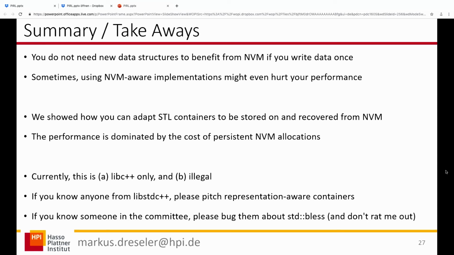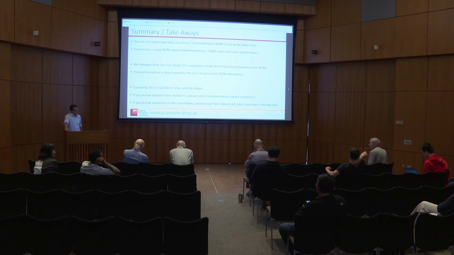So if you know anyone from libstdc++, yeah. I know somebody who's working on the low-level I/O library, and WG21, I believe, is the committee that's involved in that, and they've agreed that we have to do something. You can't just say it's illegal. That's not the right name. If you don't change the bits, and you don't change the compiler, and you don't change anything else, then you should be able to cast, and it should be legal to do that.